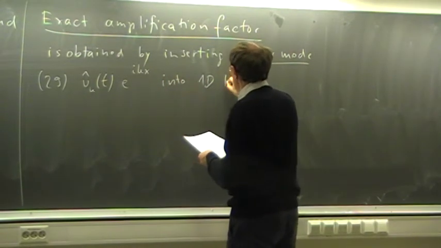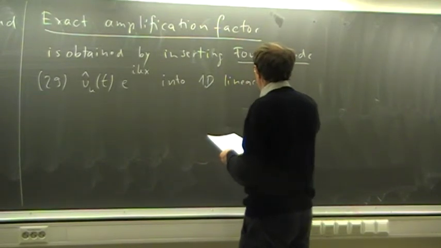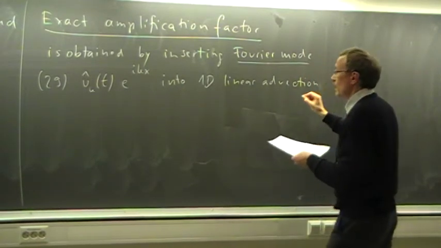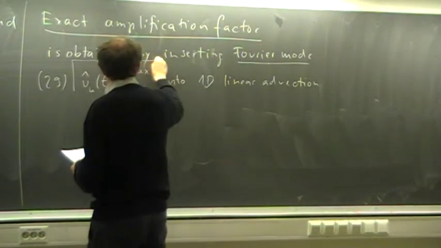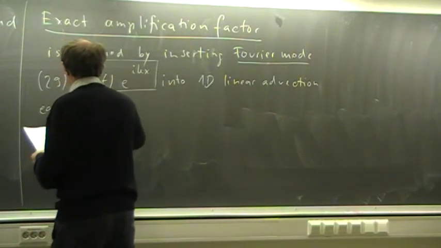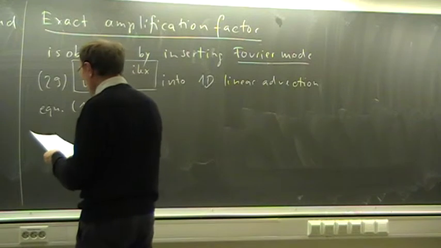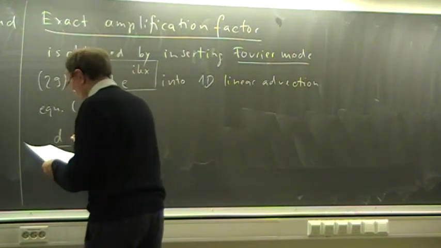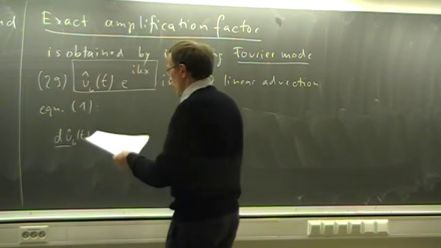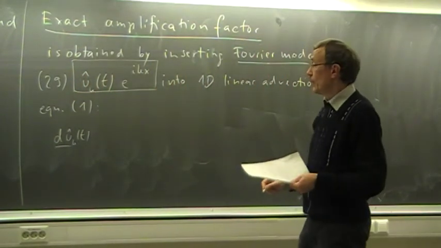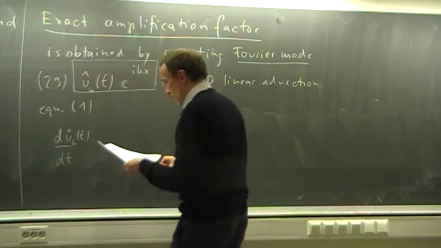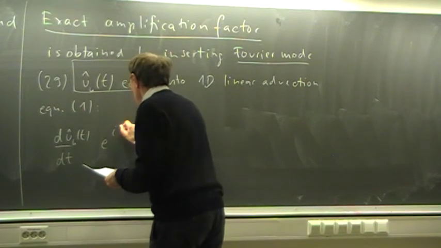That is the 1D linear advection equation, equation 1. So if we do that, we get the time derivative of this Fourier transform, the amplitude for wave number k, e to the ikx.